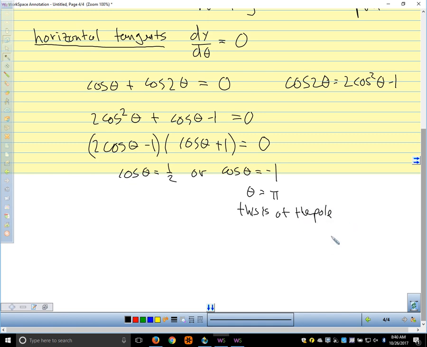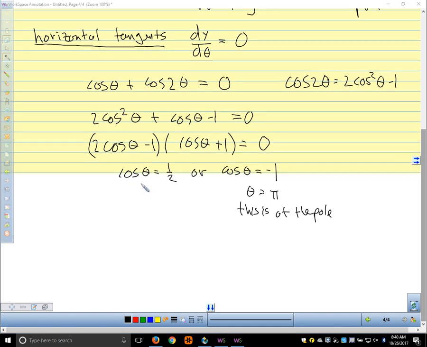We already know there's no tangent line at the pole. So what this is saying is, there could be a horizontal tangent at the pole. We have a cusp, so there's no determinate tangent line there. It could be horizontal, or it may come out to be vertical also. So you have to be careful with that solution.